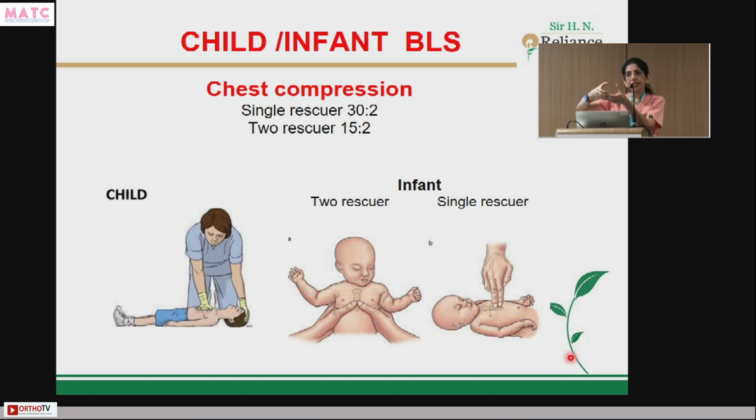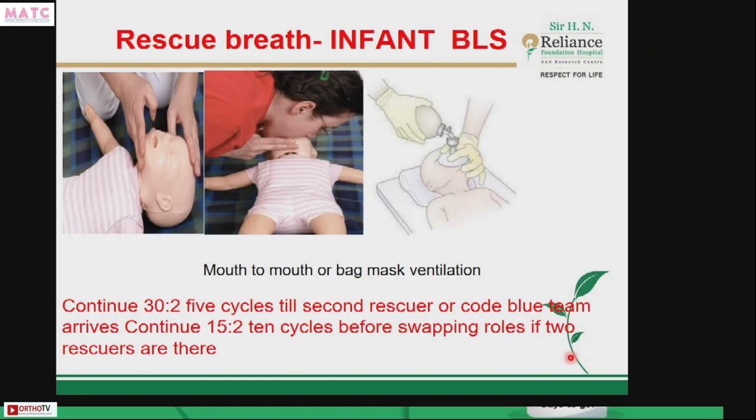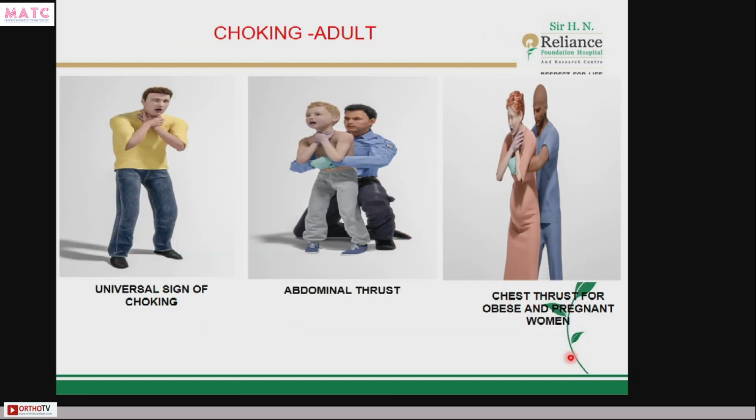But that is in case of an infant. In a bigger child, you will not be able to encircle the hands around the chest, so you either give the compression with 2 fingers, or in a little older child, you can give the compression as shown in the picture with one hand. So this is the difference that I told you. If you are two rescuers, then 15:2.